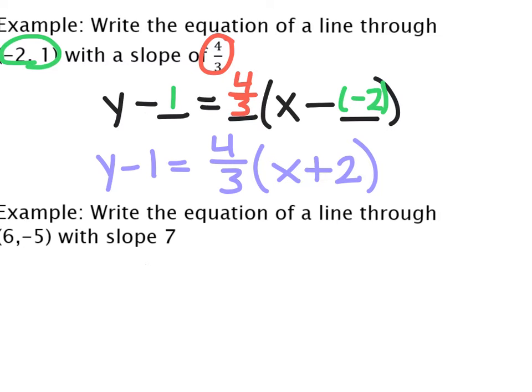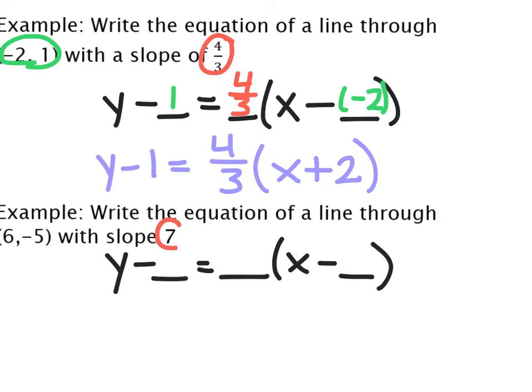For the next one, it says to write the equation of a line through 6, negative 5 with a slope of 7. So I'm going to fill it in to the formula. My slope is 7, so that goes next to the parentheses. And my coordinate is 6, negative 5.